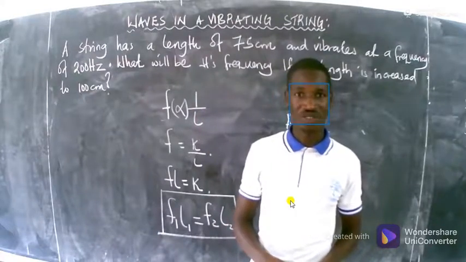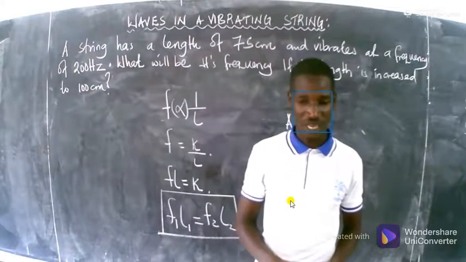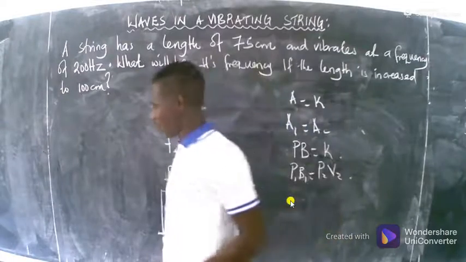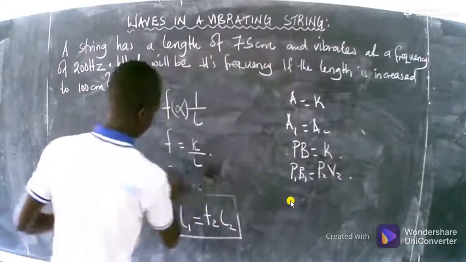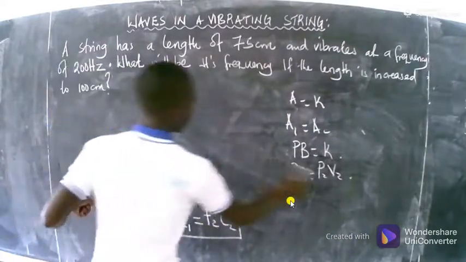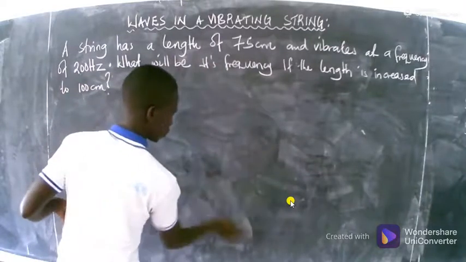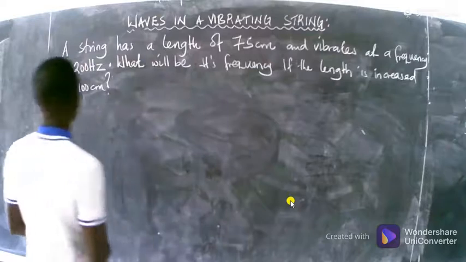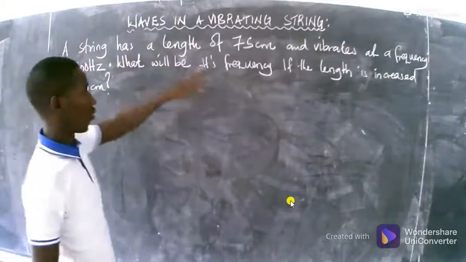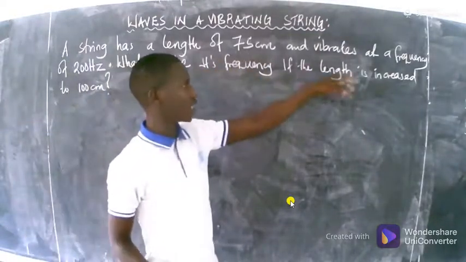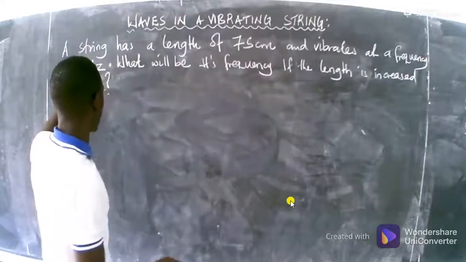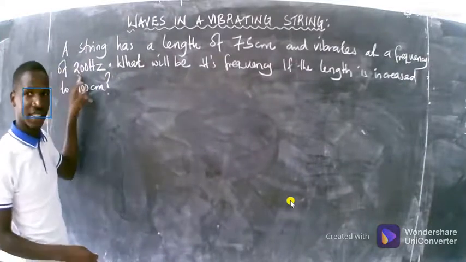I want us to try and see whether we can manipulate and break it through. A string has a length of 75 centimeters and vibrates at a frequency of 200 Hertz.